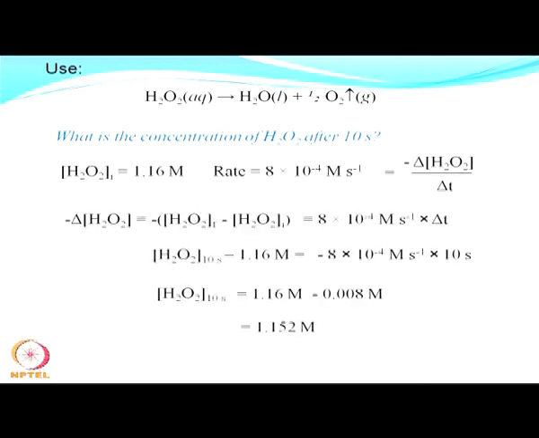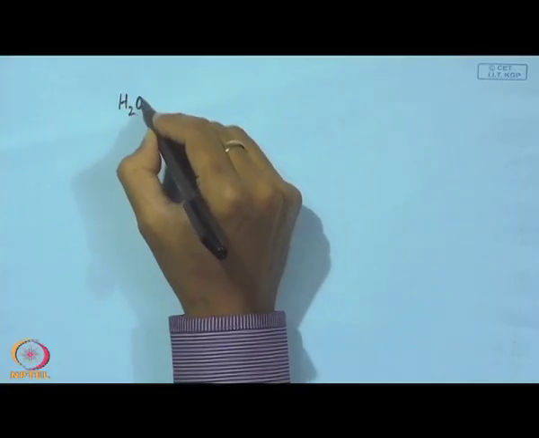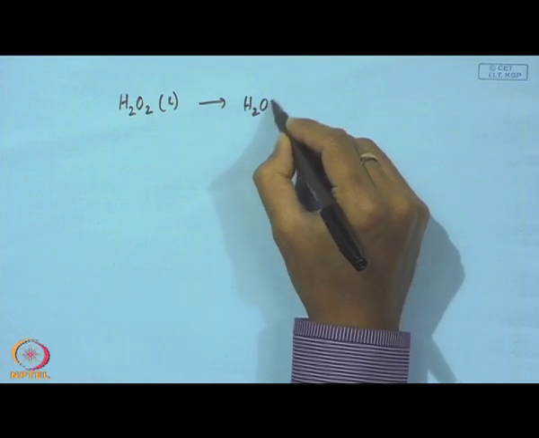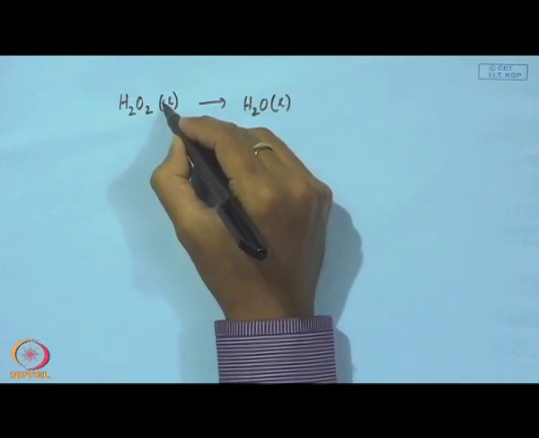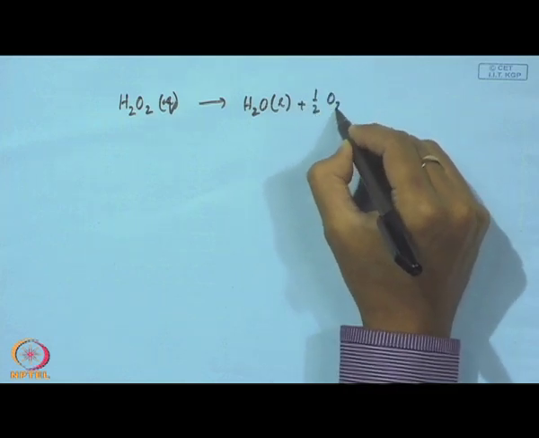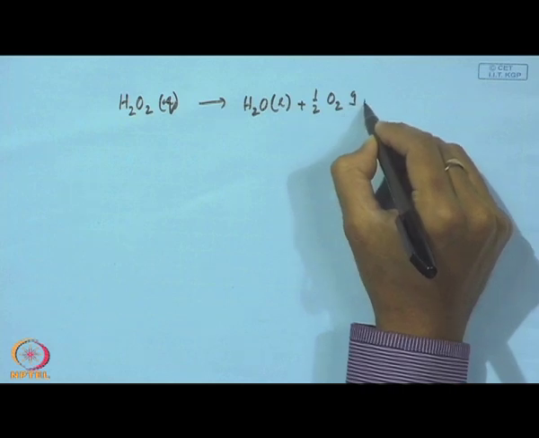Now, if we would like to know the concentration of H2O2 after the reaction has elapsed say 10 seconds, how do we find it out if we are given the initial concentration? Again we start with the same reaction, H2O2 liquid producing H2O liquid, or better to say aqueous, plus half O2 gas.